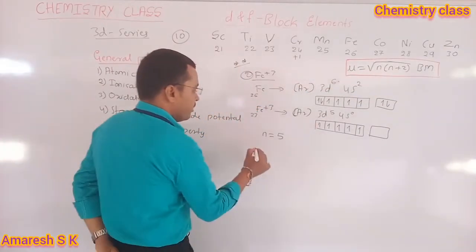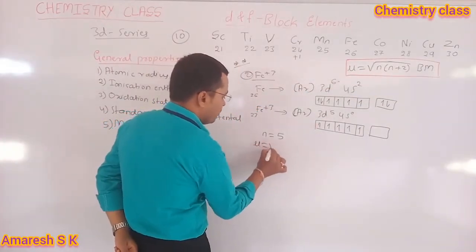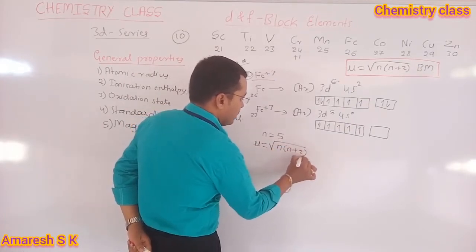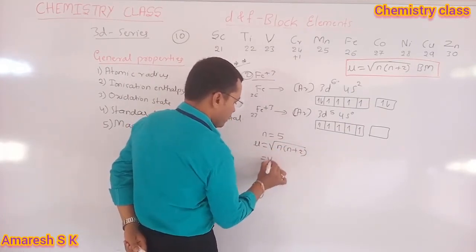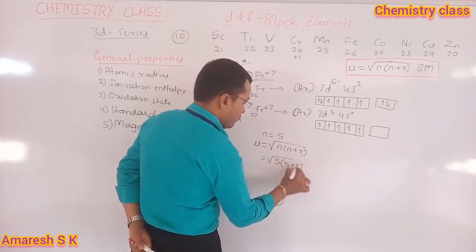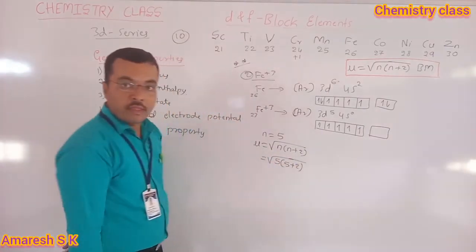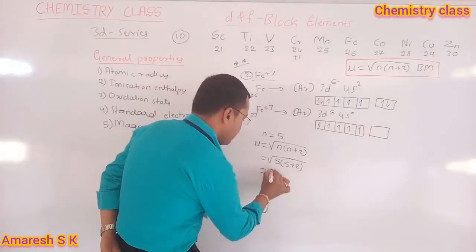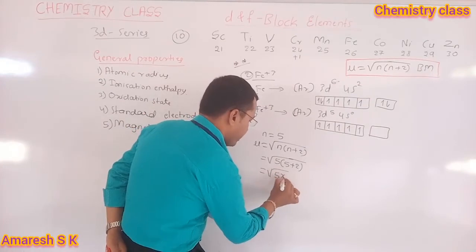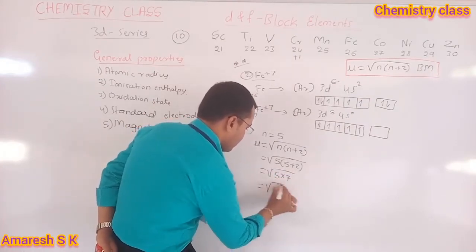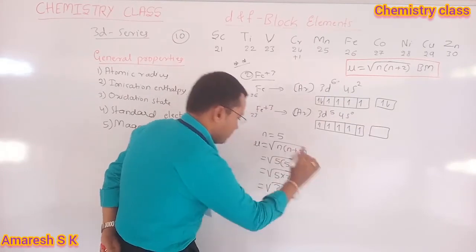Write the equation: Mu is equal to square root of n into n plus 2. Mu is equal to square root of 5 into 5 plus 2, that is 5 into 7, 35.